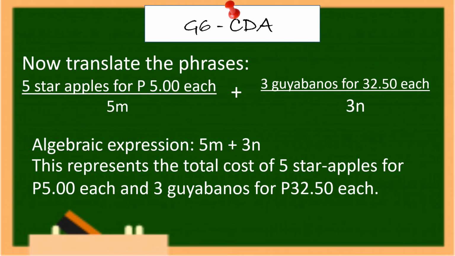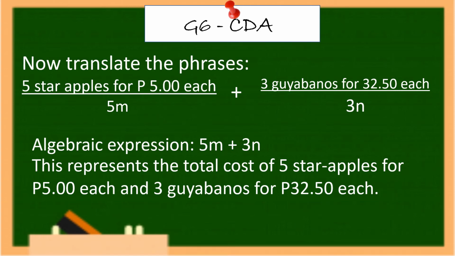Now translate the phrases. 5 star apples for 5 pesos each or 5M, plus 3 guyabanos for 32.50 each or 3N. The algebraic expression is 5M plus 3N.